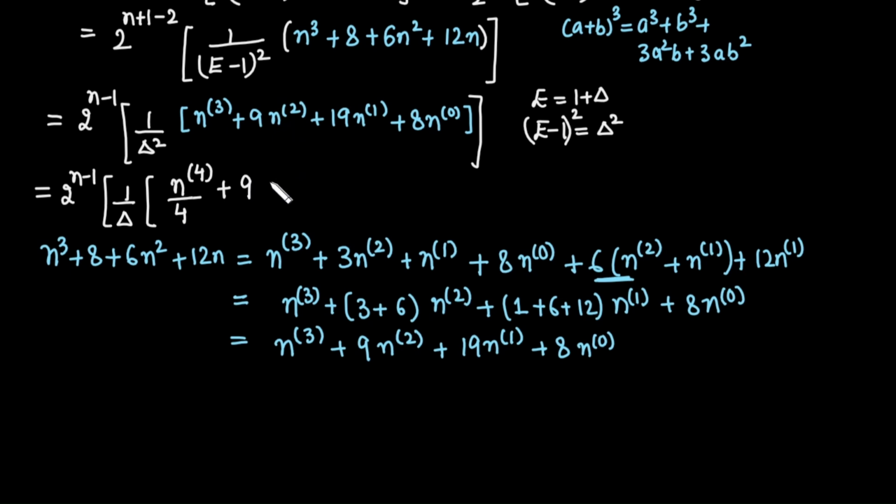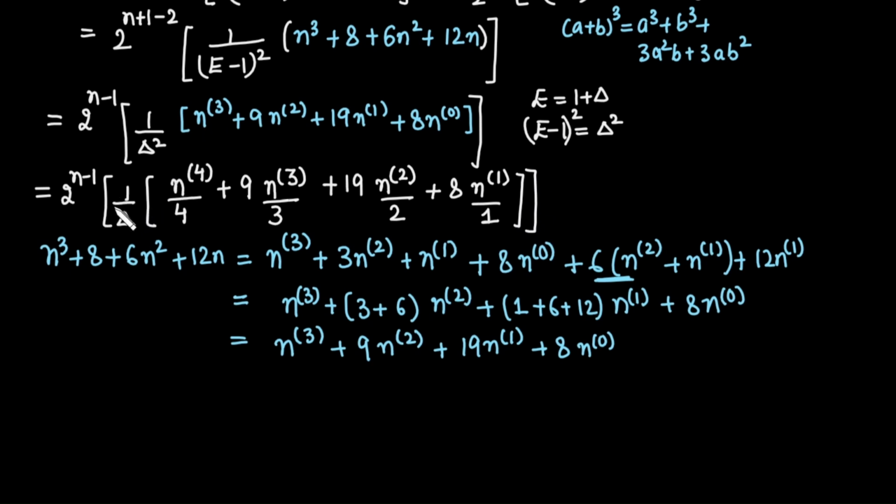That is n cube by 3. So here we write n raised to power 3 factorial polynomial by 3 plus 19. Here we can write n square, that is n raised to power 2 factorial polynomial by 2, plus the constant integration. Here the variable is x, but we are dealing with n, and n is replaced by n raised to power 1 factorial polynomial by 1. This is the value of simply 1 by delta.